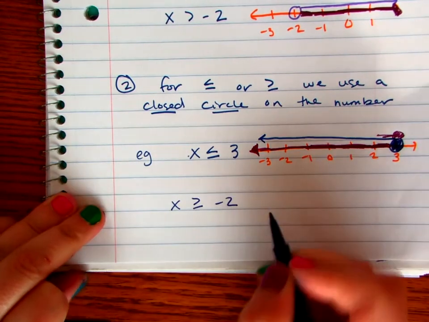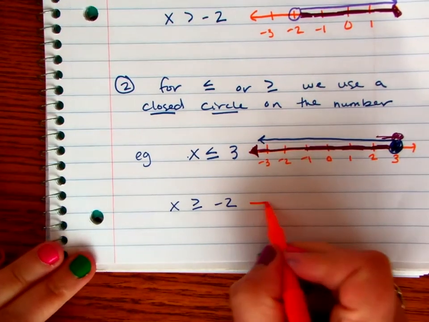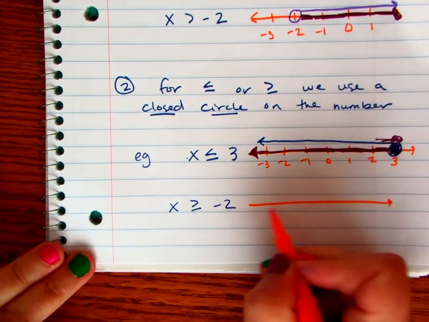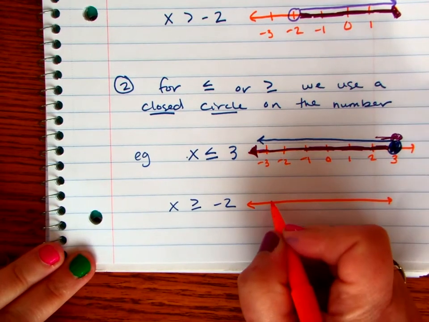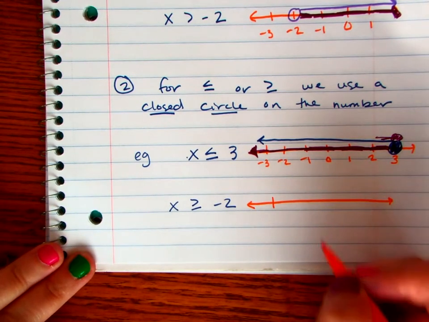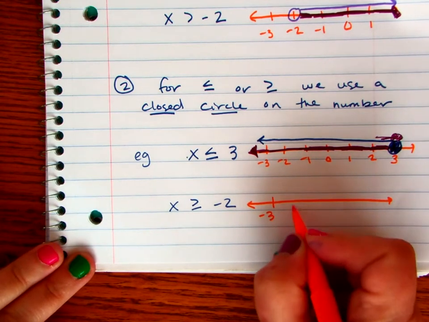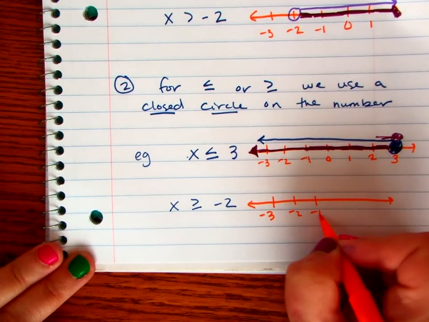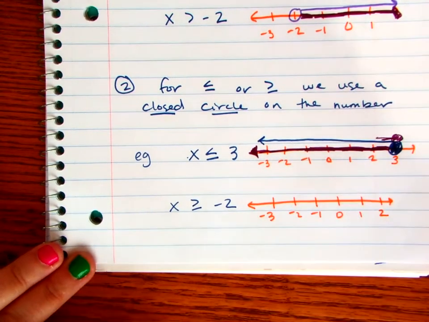Okay, so again, we'll draw our number line. And in this case, I would now do -3, -2, -1, 0, 1, 2, let's say.